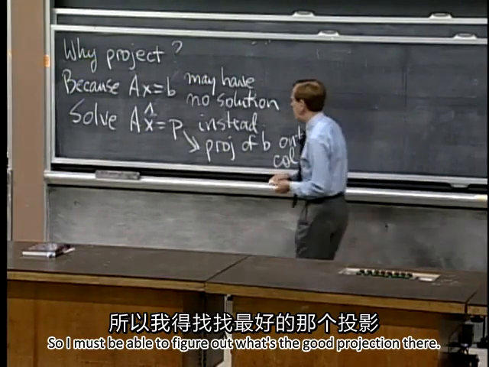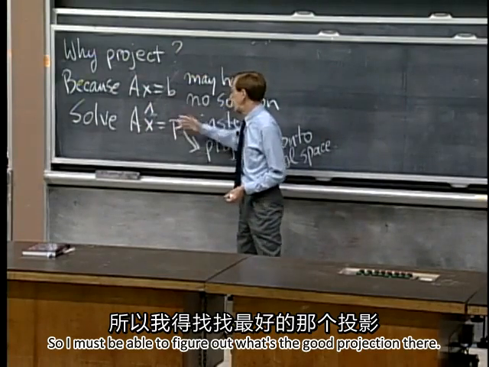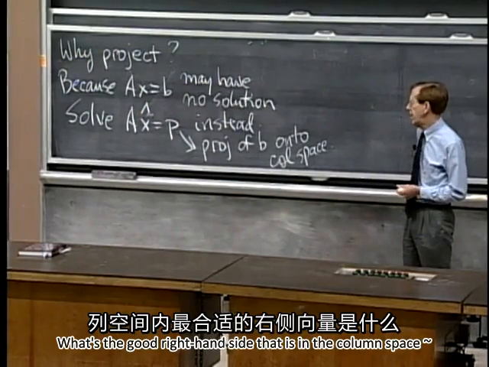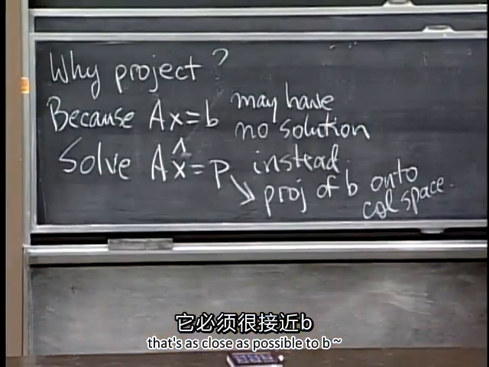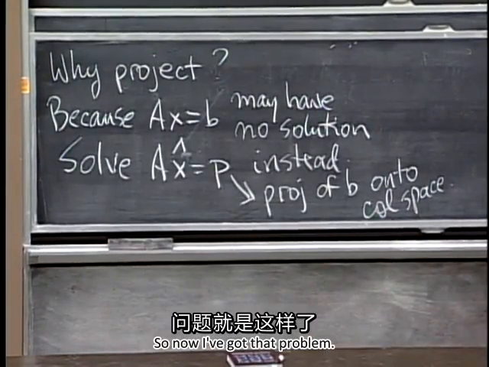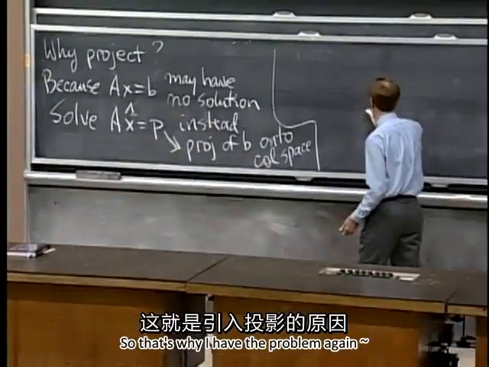So I must be able to figure out what's the good projection there. What's the good right-hand side that is in the column space, that's as close as possible to B, and then I know what to do. Okay, so now I've got that problem. So that's why I have the problem again.